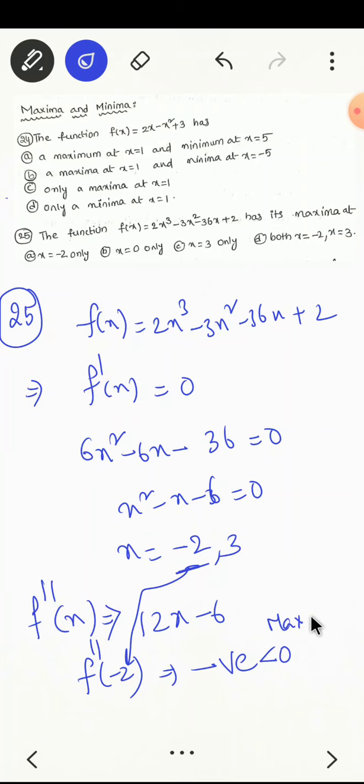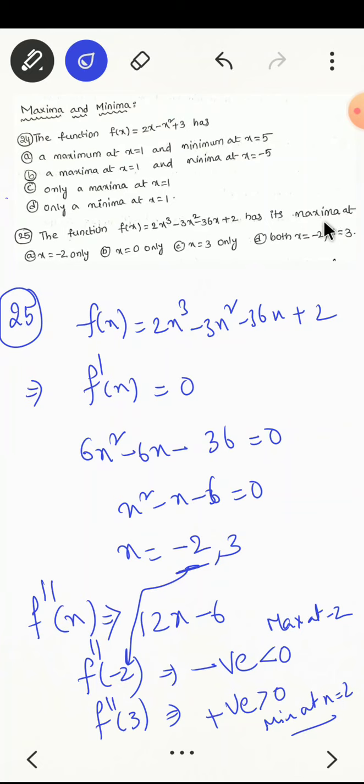So maximum at minus 2. If I substitute in f double dash at 3, I will get a positive value greater than 0, so minimum at x equal to 3. So the function will have its maxima where? Maximum I am getting at x equal to minus 2. Okay, hope you are getting this problem.